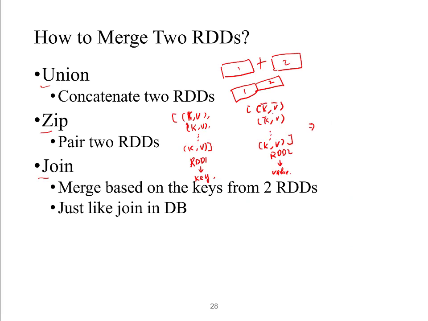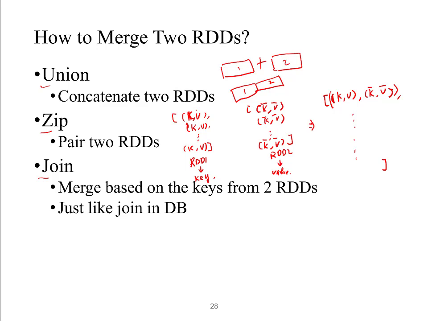Let's mark them like this. So what we will have as a result of zip would be a list where the element from RDD1 is the key, and the element from RDD2 is the value, and so on and so forth. So this is zip.